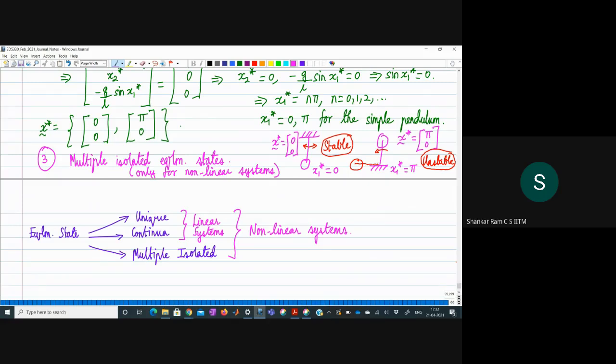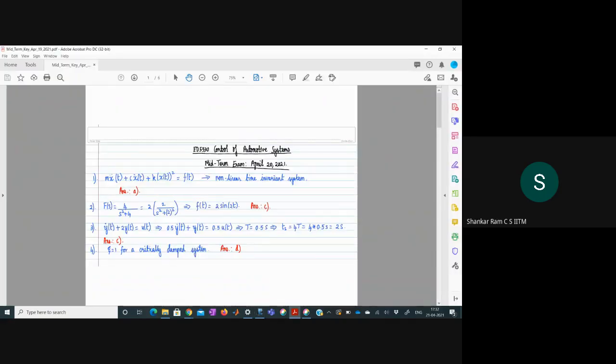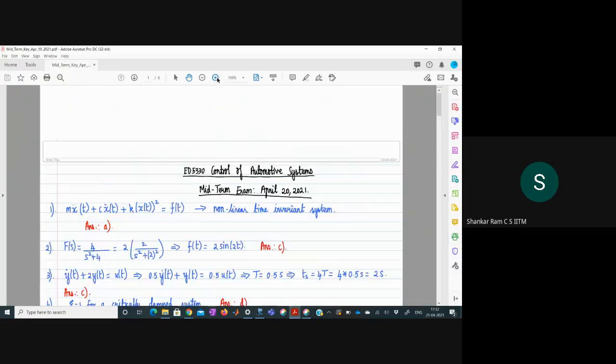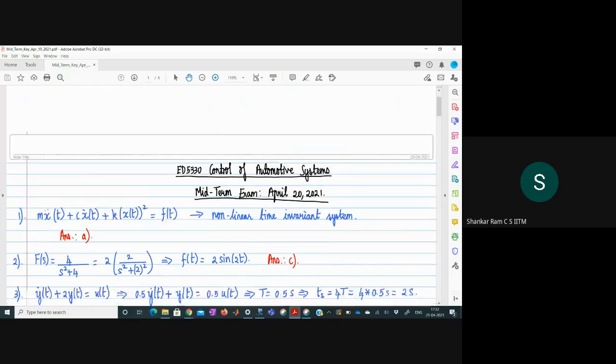Do you have any questions about what we have learned about equilibrium states today? Okay. If not, let me go and discuss the solution to the midterm exam questions.